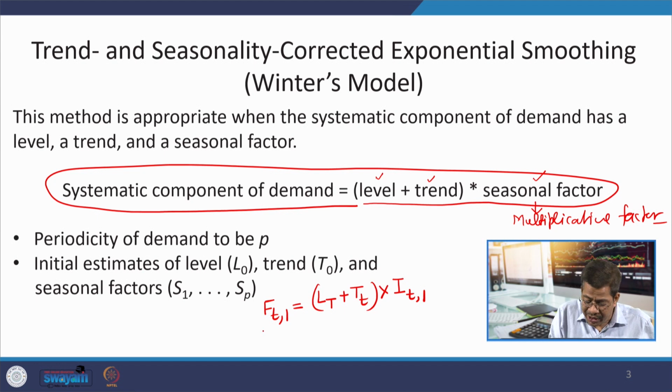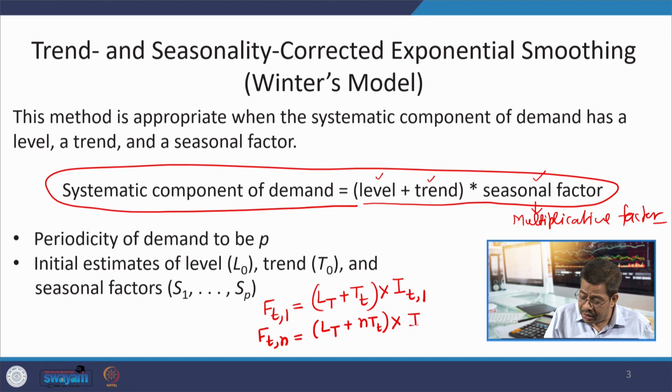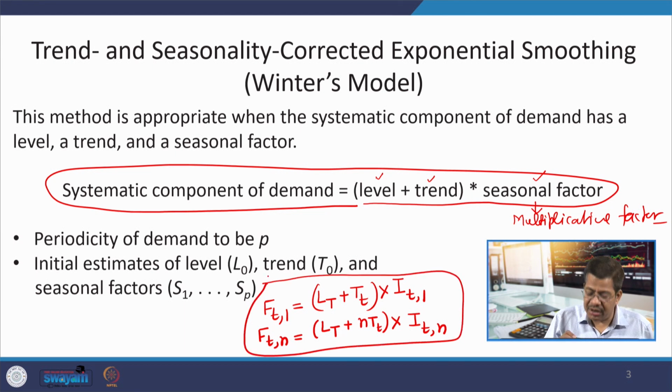And if I want to calculate the forecast for n periods ahead, it is possible. If I do not have that much data, I can do it with the help of the current data, where this is L(t) plus nT(t), times S(t+n). This is the big mistake many of us make when using the Winters model for forecasting.